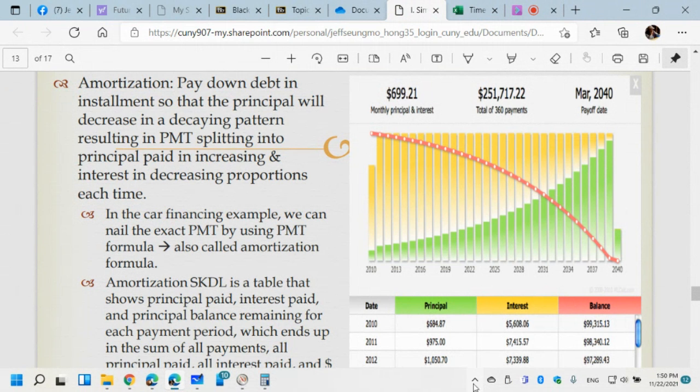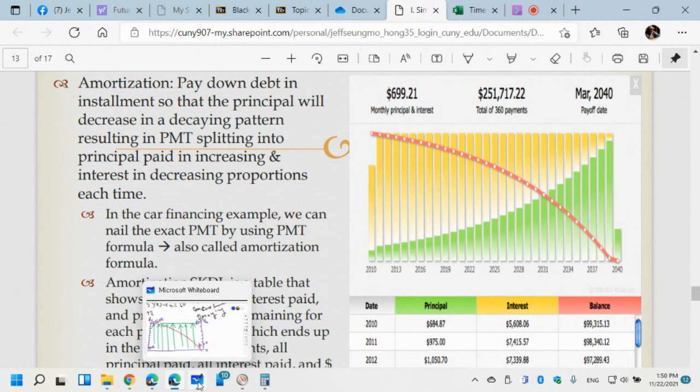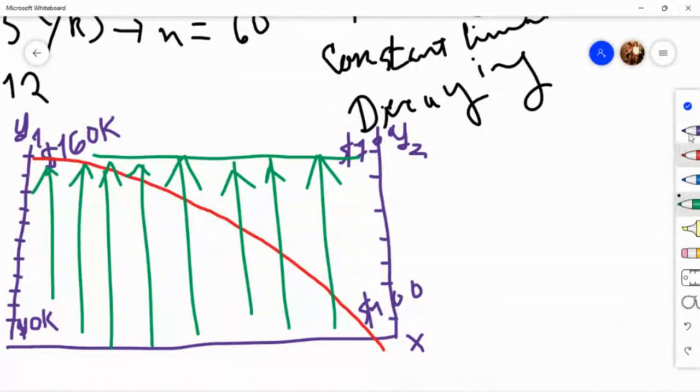Therefore, amortization comes from the word amortize, the verb. Think about it.